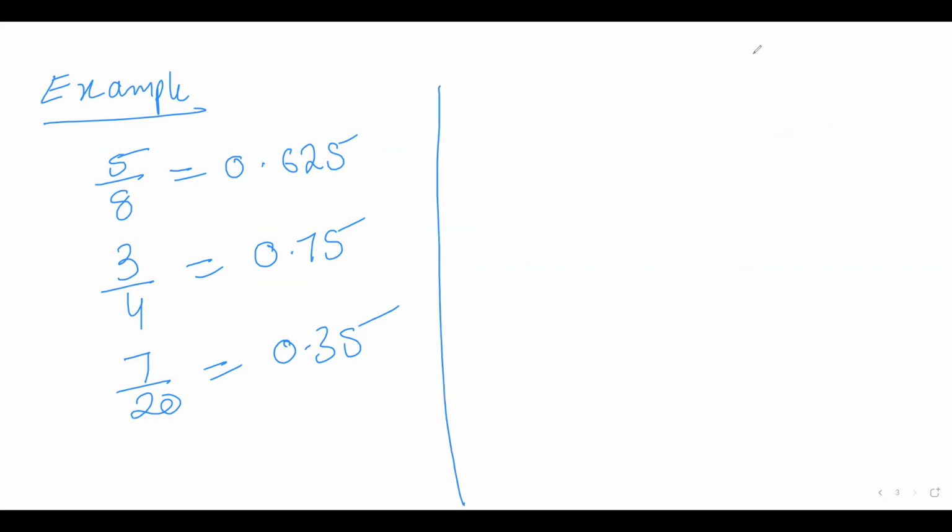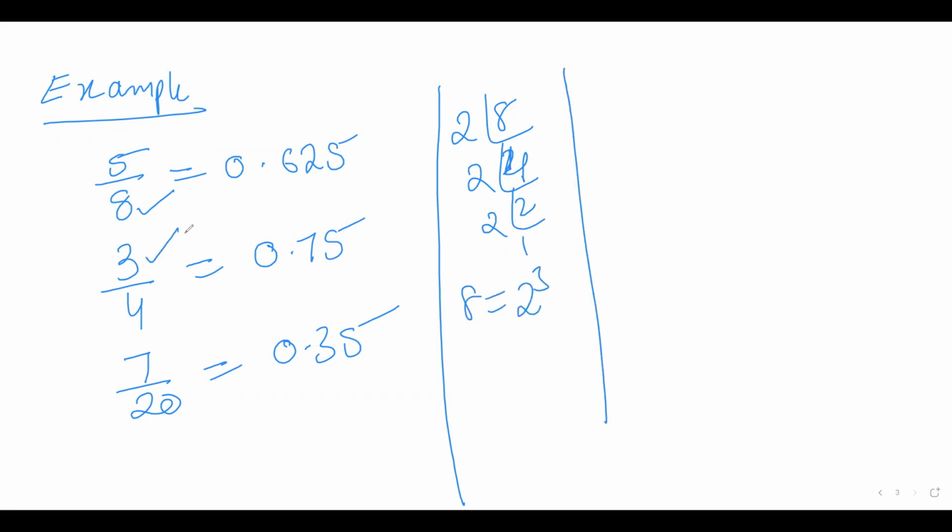Now what is the property of the denominator? If you take this denominator, you will factorize. On factorizing, 8 is 2 4s, 4 is 2 2s, 2 is 2 1s, so 8 is nothing but 2 cube.